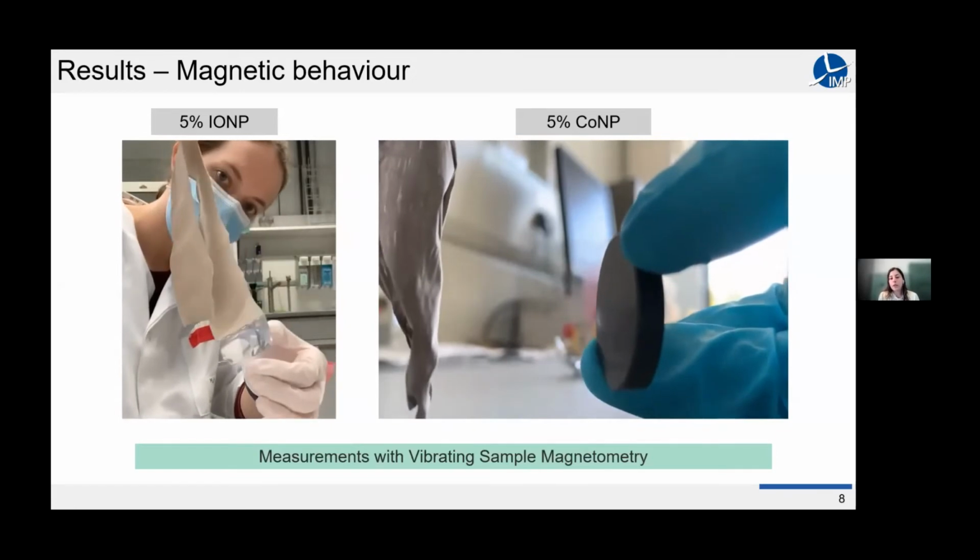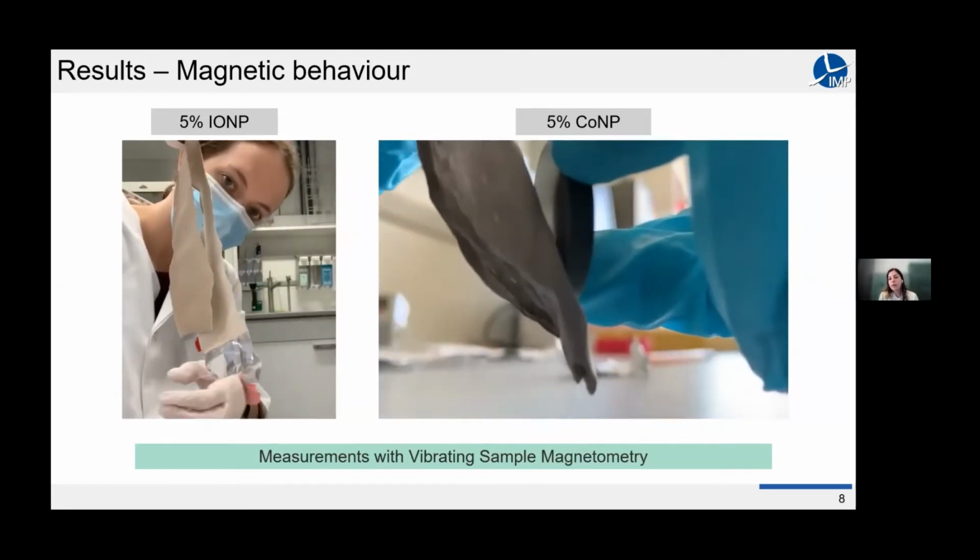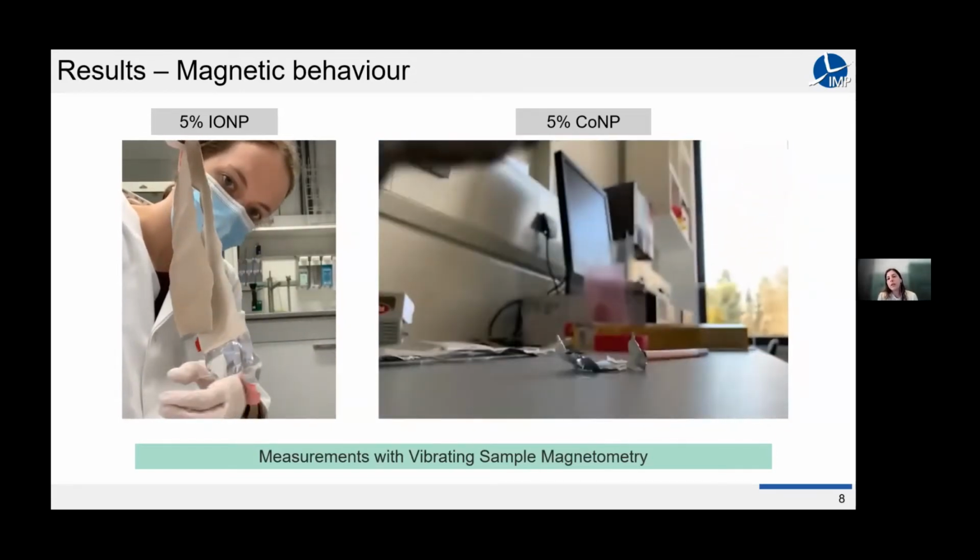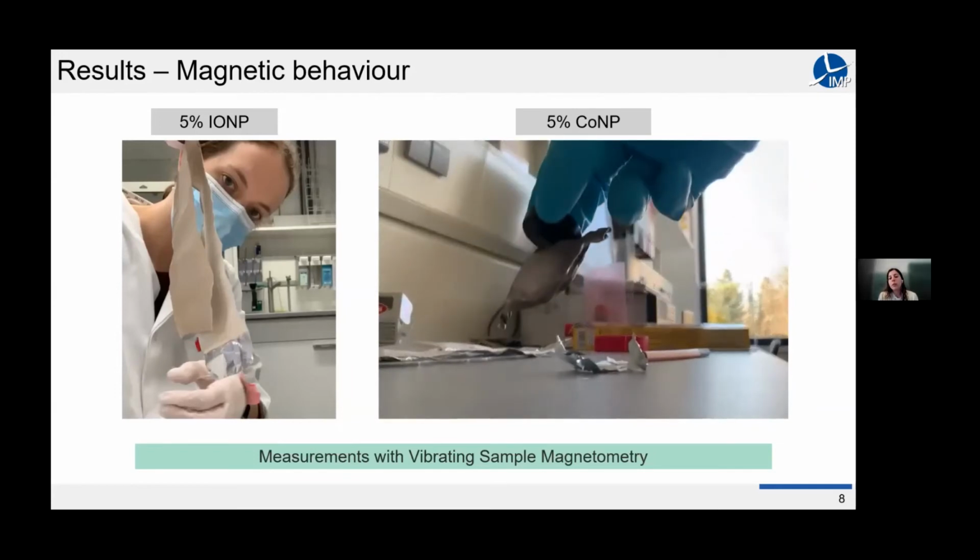We also performed measurements with vibrating sample magnetometry, but we are still working in this area to improve the magnetic properties, because right now we have a ferromagnetic behavior, and we are aiming to have a superparamagnetic behavior in order to easily stimulate the magnetic nanoparticles inside the scaffolds.